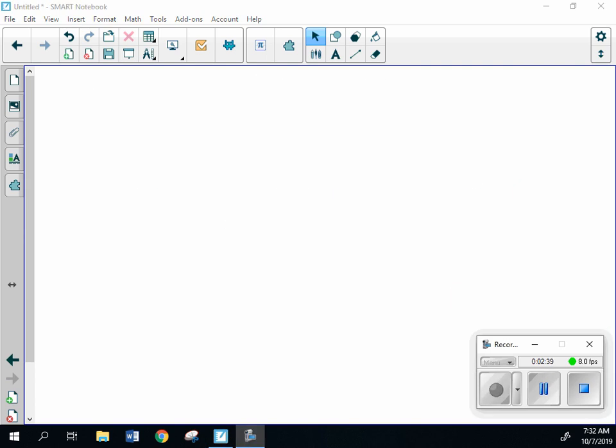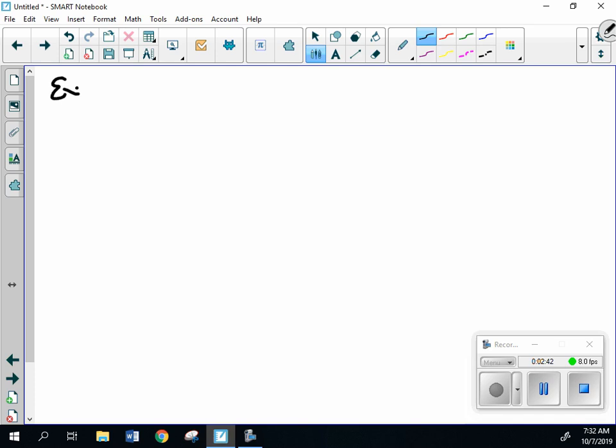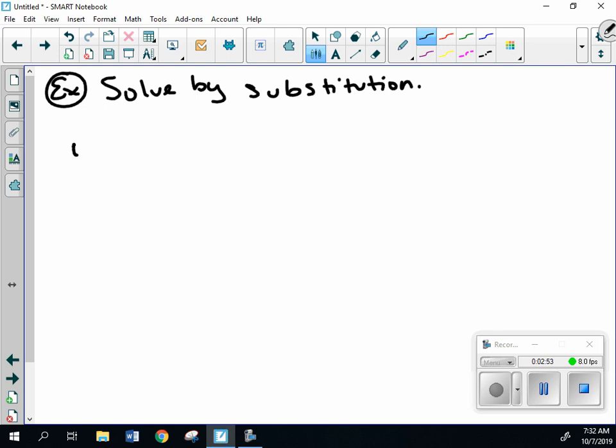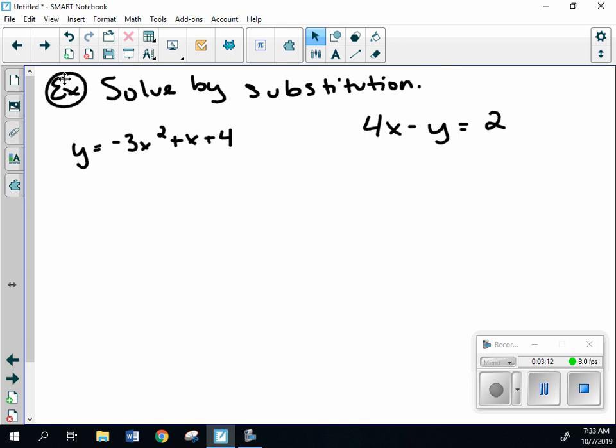However, let's look at a substitution system. So for instance, let's say that I have y equals negative 3x squared plus x plus 4 as my first equation, and then my second equation is going to be 4x minus y equals 2. If I'm using substitution, you need to get a single variable by itself, which, if you notice, that first equation already has.